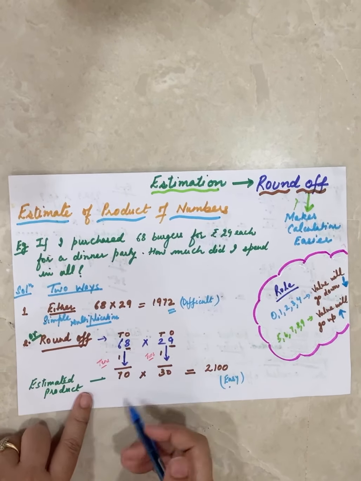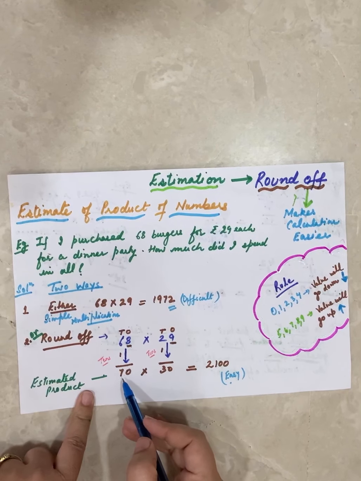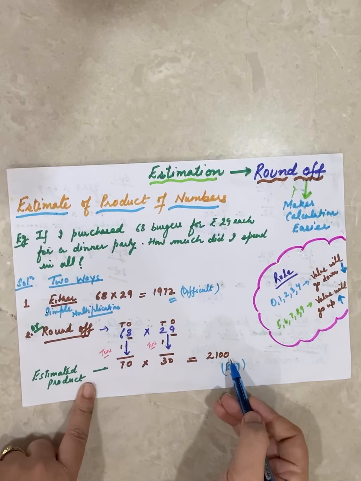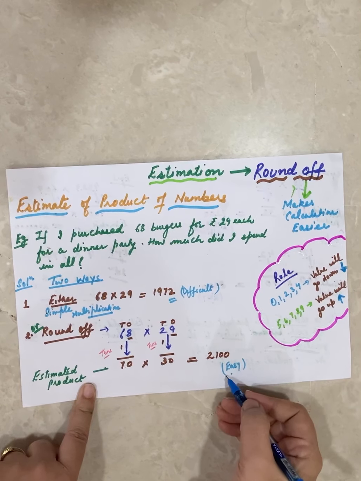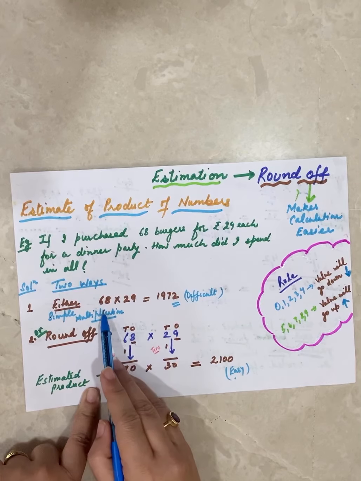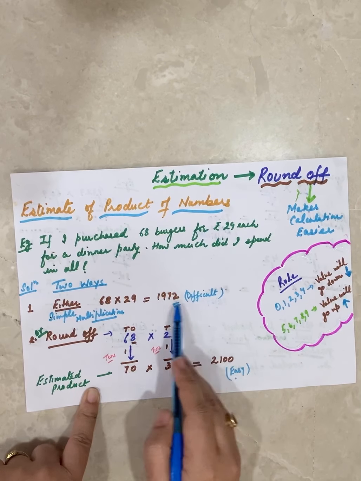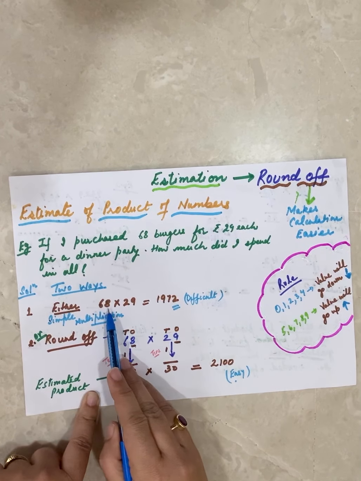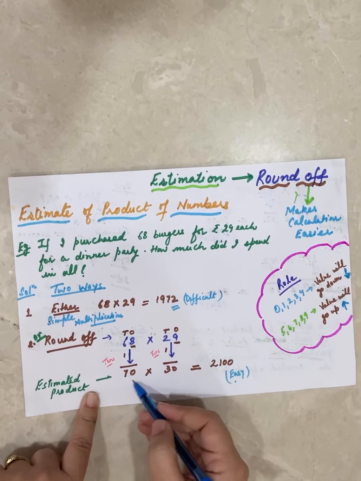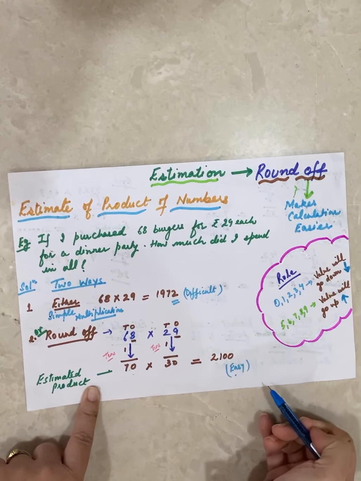Now what is my estimated product? 70 multiplied by 30, which is equal to 2100. So students, see how your calculations become easier. In this case, the calculation is difficult where you are multiplying 68 by 29. But if I round off these two numbers, my calculations become easier.